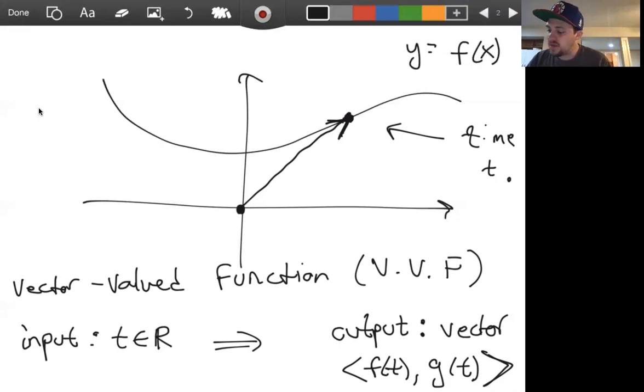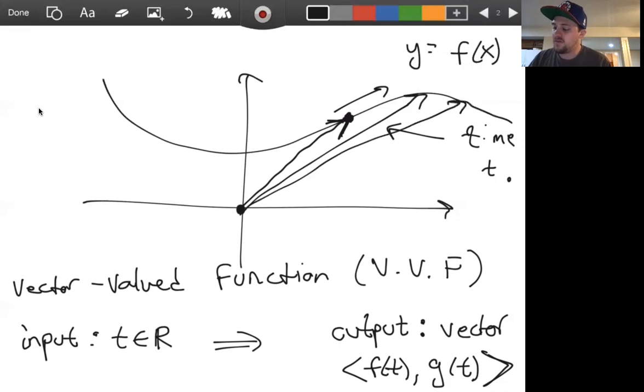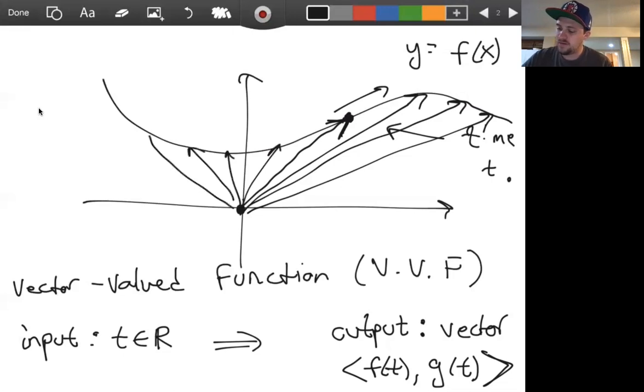And so as t, in this case, gets bigger, we'd be traveling in this direction. And so as t varies, what does our function look like? Well, it's just a family of vectors. So these should be vectors, right? Not curved arrows. These should be linear.